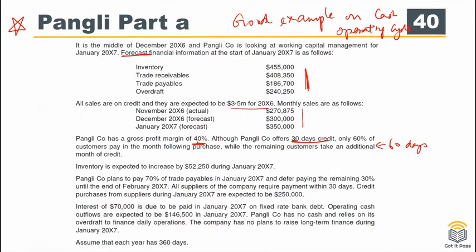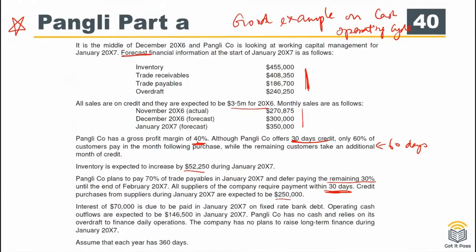The inventory is expected to increase by 52,250 in January. The company plans to pay 70% of trade payables in January, and defers the remaining 30% until the end of February. The suppliers of the company require payment within 30 days, and credit purchases from suppliers during January are expected to be 250,000.